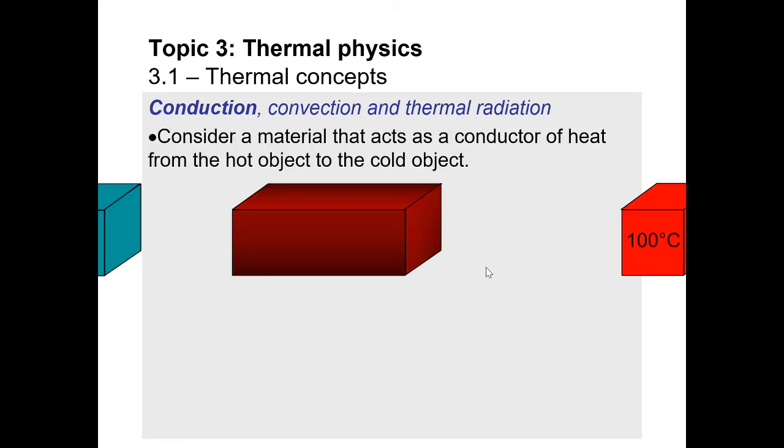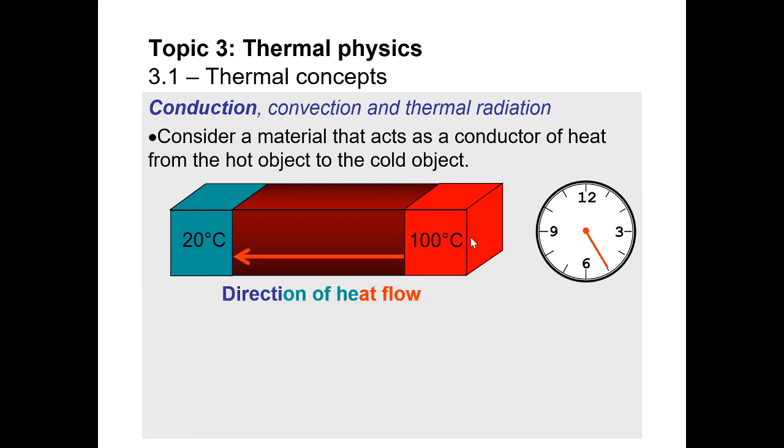Now consider this case. You have some kind of an object in the middle that will act as a conductor of heat between a hot object and a cold object. The hot object is 100 degrees Celsius and the cold object is 20 degrees Celsius. So of course, the heat energy is going to flow from the 100 degrees Celsius object to the 20 degrees Celsius object. This is an example of conduction because all of the objects are touching in order for the heat to transfer.